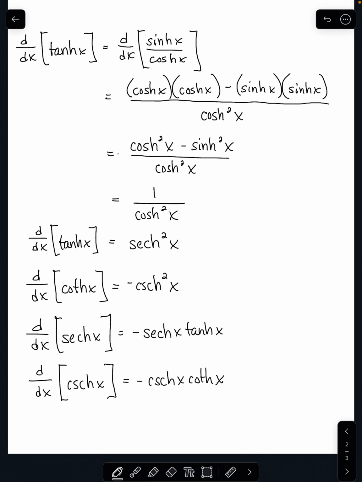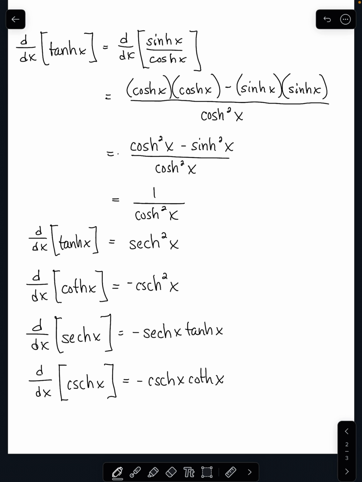The base derivatives are the same, but we have some differences in the positives and negatives. Each of the reciprocal functions here results in a negative derivative, whereas each of the original three results in a positive. So not exactly the same, many similarities, but enough differences that we need to be careful in what we do.